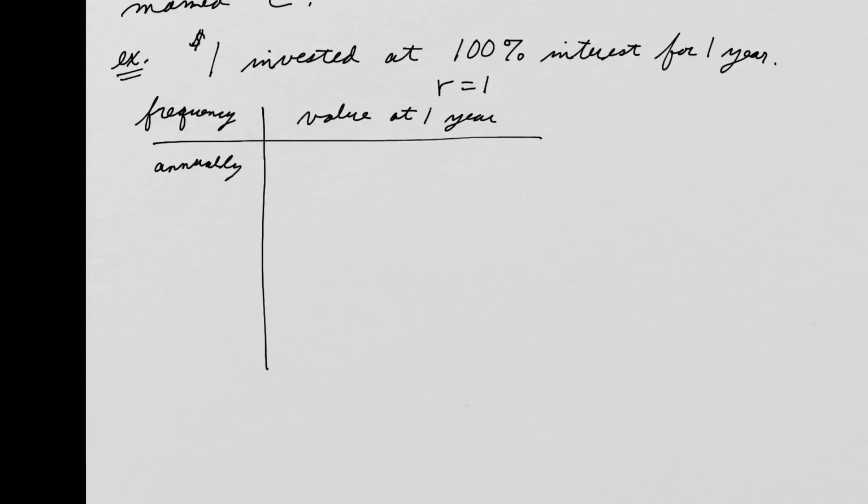If it's compounded annually, then remember the formula is the original amount A times (1 plus R over K) to the K times T, but R is also 1 in this case, K is 1, and T is 1. So this is going to equal 2 if you worked it out. So it'd actually be $2 in this case.